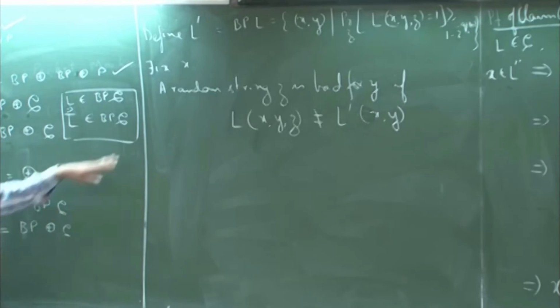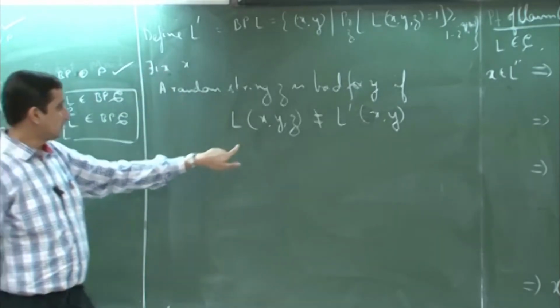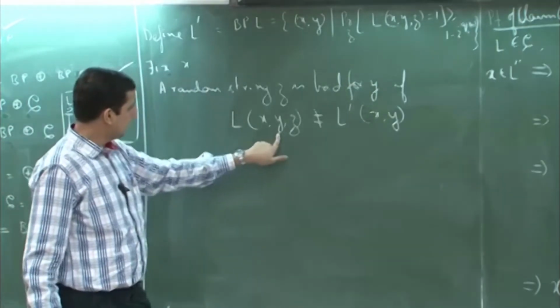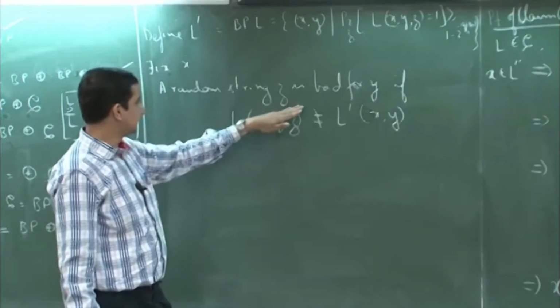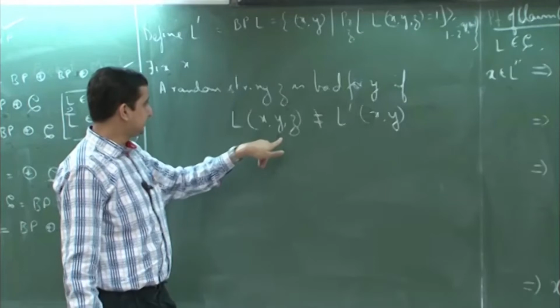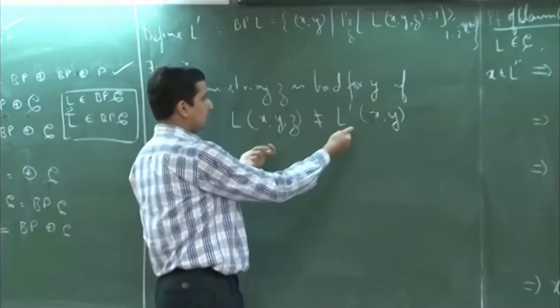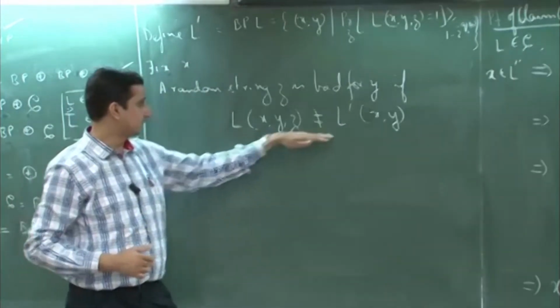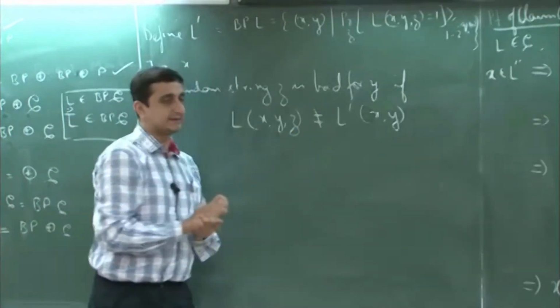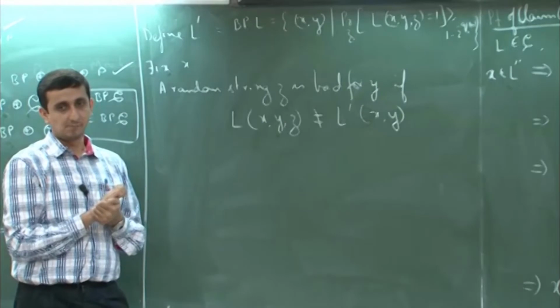Okay. So we have a fixed x. We look at all the random strings z, and we see when these two predicates do not give the same value.